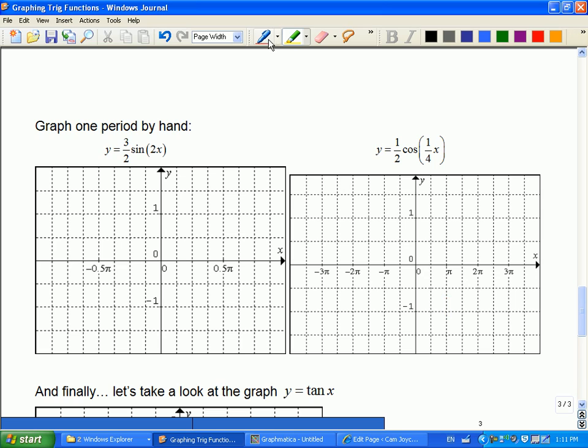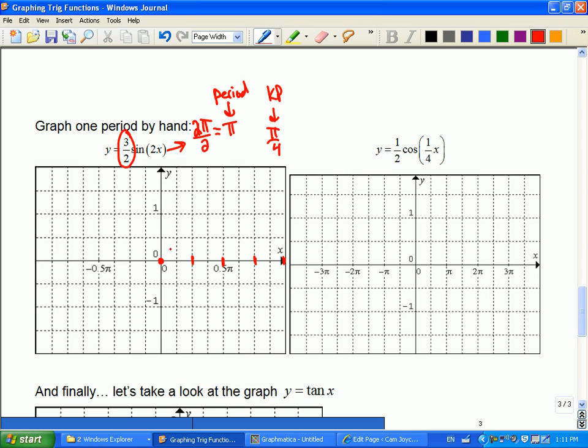Okay, so for the first graph, we are going to move up with an amplitude of 3/2. And the key points and the period on this, it's going to be 2 pi over 2. So this is my new period, which means I have key points every pi over 4. So here's where I start, and that's pi over 4, pi over 4, pi over 4.